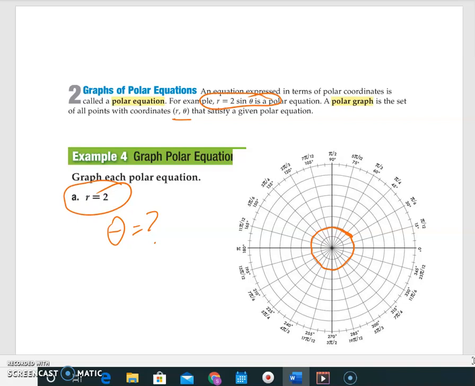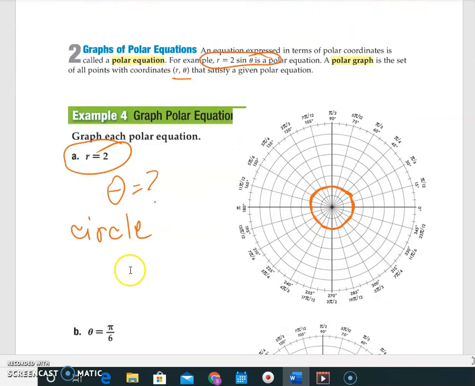So it would be that entire circle. If I have an r equals equation, it's going to be a circle because I'm 2 units from the origin, but because it doesn't define what the angle has to be, it can be anything. So I go all the way around.